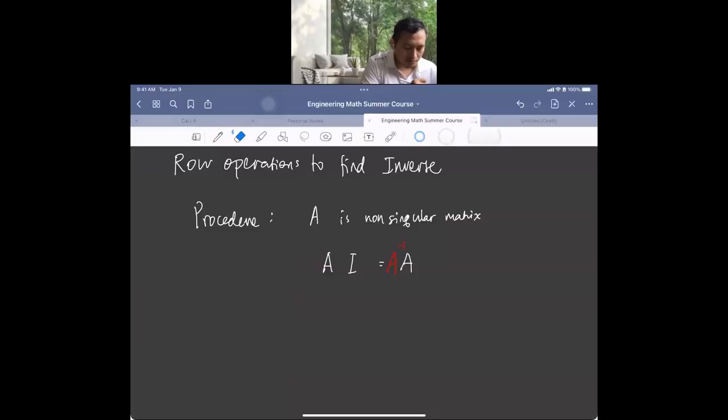So identity, and make it an identity. So let me write here. What we have here is the same thing as multiplying the identity with A inverse.